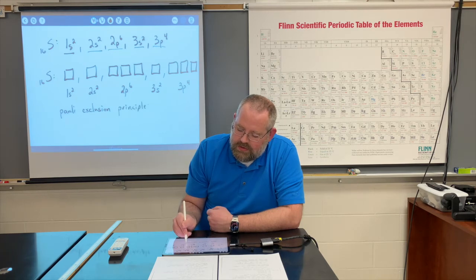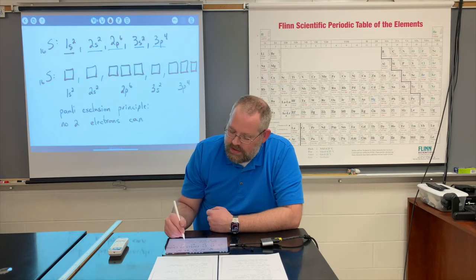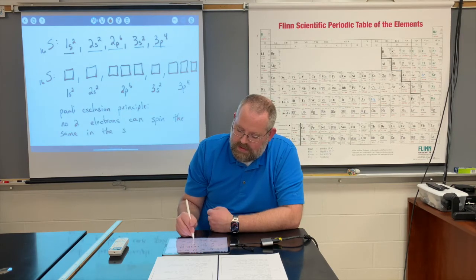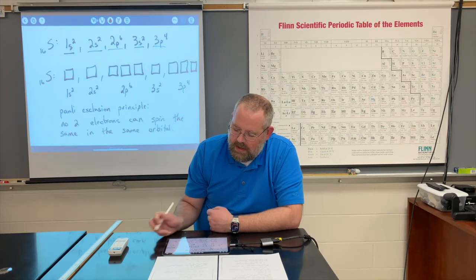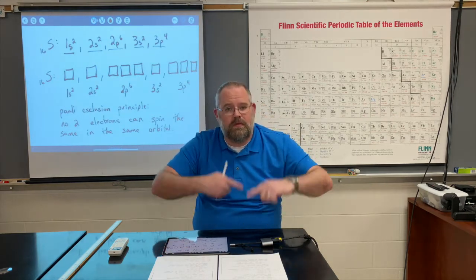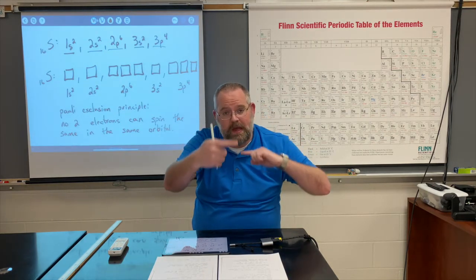The Pauli exclusion principle states that no two electrons can spin the same way in the same orbital. Okay, and that's because of their electric charge. They're going to repel against each other.